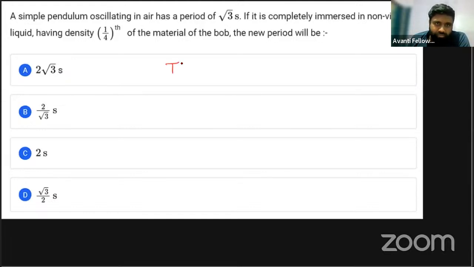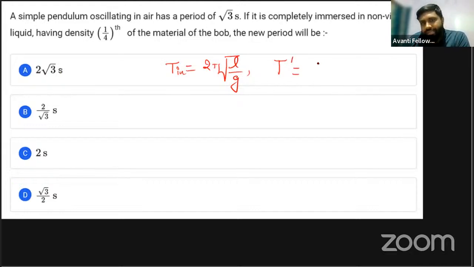So I have told you that T initially is given by 2 pi root L by g, but T after dip, in the immersed position, we will consider as T dash. T dash is given by 2 pi root L upon g effective.